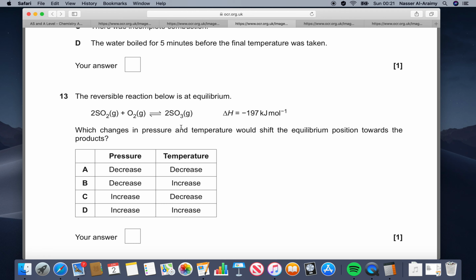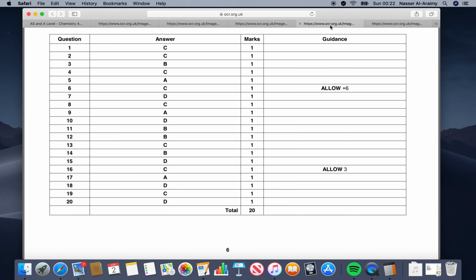Now, if you increase the temperature, then what you're going to do there is you're going to allow the energy to be used.